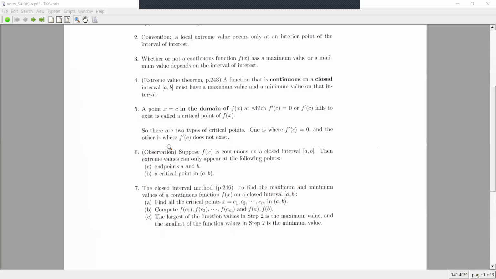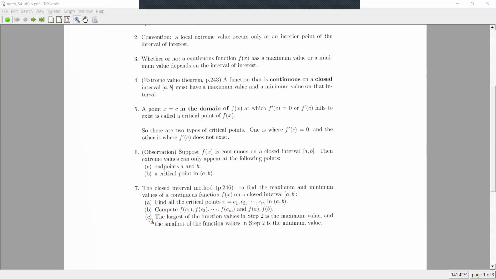From this observation, we see that maximum and minimum can appear at critical points. So, step 1, we find all the critical points inside the interval. Then, step 2, compute function values at these critical points. Because maximum and minimum can also appear at endpoints, we also compute function values at the endpoints.